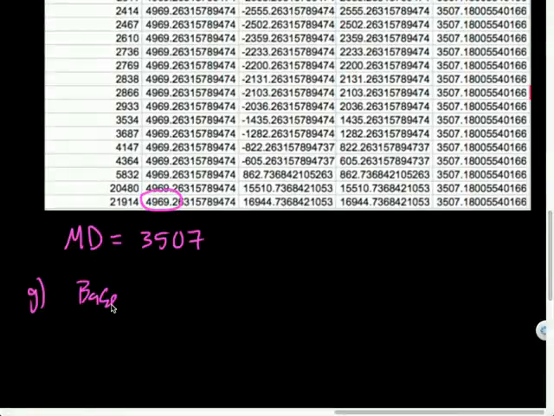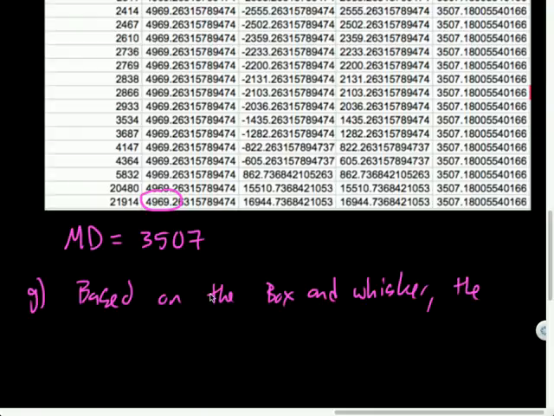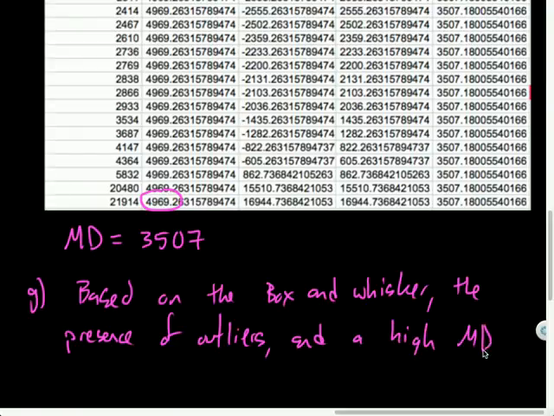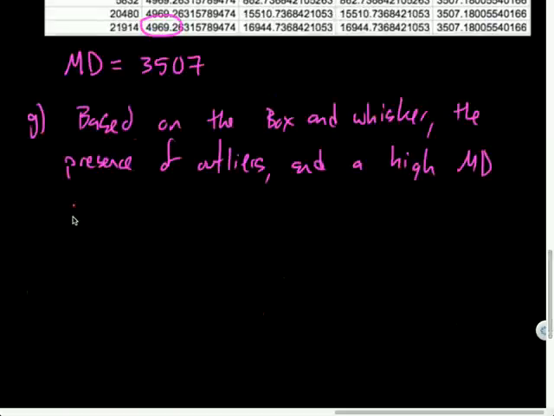based on the box and whisker, the presence of outliers, and a high mean deviation, the data is very spread out, or at least some of the data is very spread out.